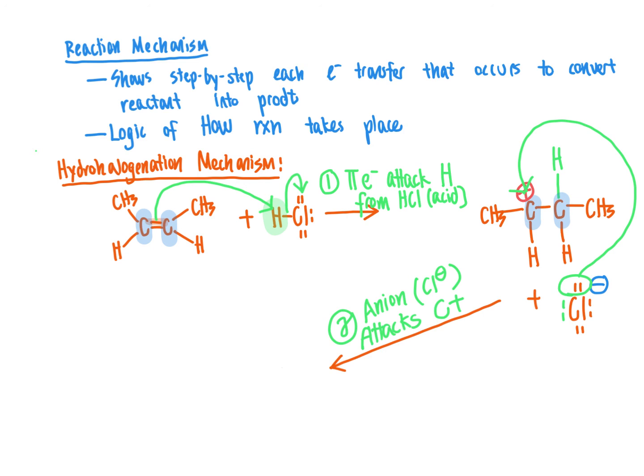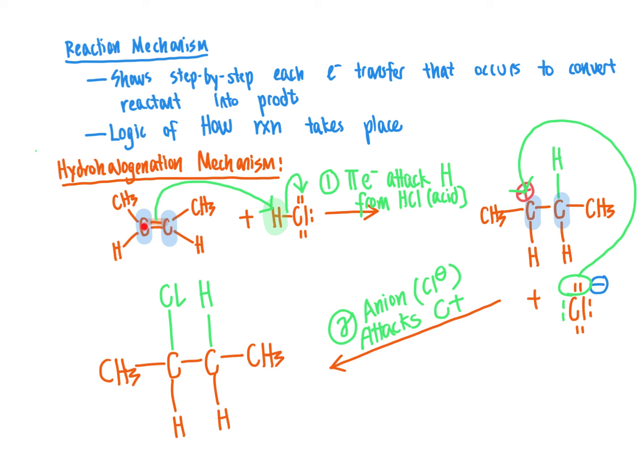And this will lead us to our final product of this reaction, where we have our skeleton drawn in. And then I'll sketch out the groups bonded here, our hydrogen and our chlorine atom, like so, giving us our final so-called addition product.